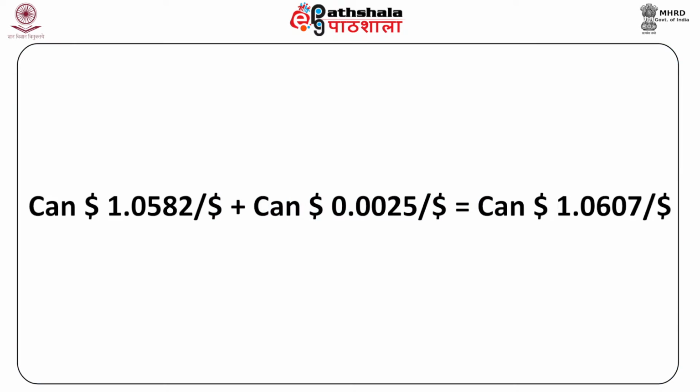If the swap points are ascending, they are added to the spot rates so that the bid on US dollars for 6 months ahead is Canadian dollar 1.0582 per US dollar plus Canadian dollar 0.0025 per US dollar is equal to Canadian dollar 1.0607 per US dollar.